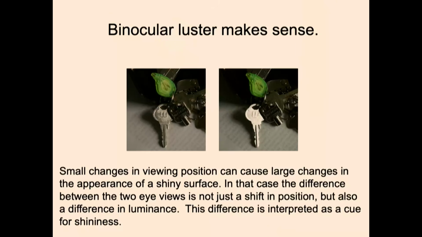And the consequence of the specular reflections is that there can be pretty significant differences in the luminance that hits the two eyes, just because they're at slightly different angles with respect to the image. So what typically causes these differences in luminance is a shiny surface in the world that is generating a specular reflection.